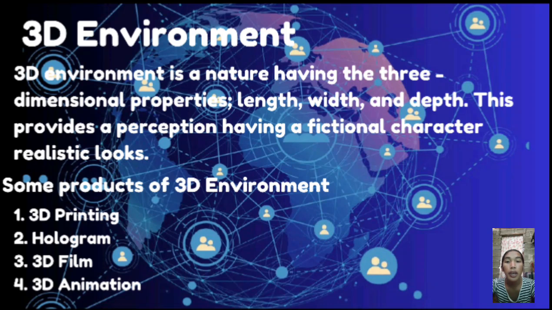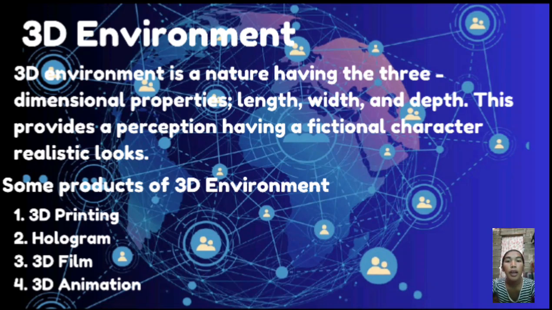These dimensions create a sense of realism and depth, making objects and characters appear more lifelike and closer to how they look in the real world. Because of this, 3D environments are often used to give fictional characters a sense of realistic appearance.